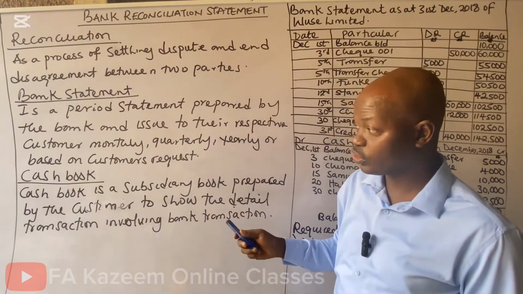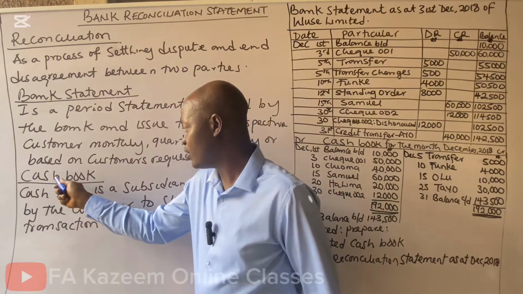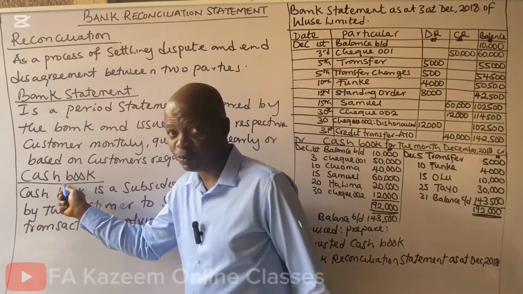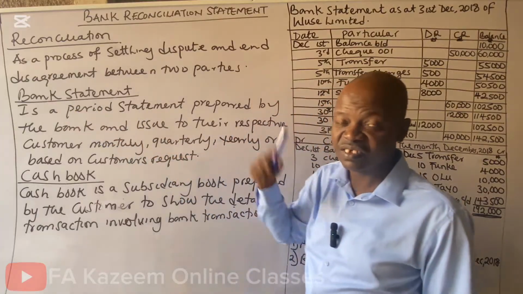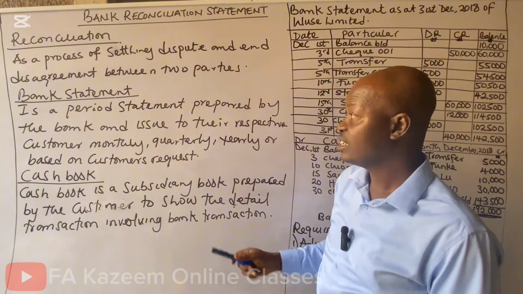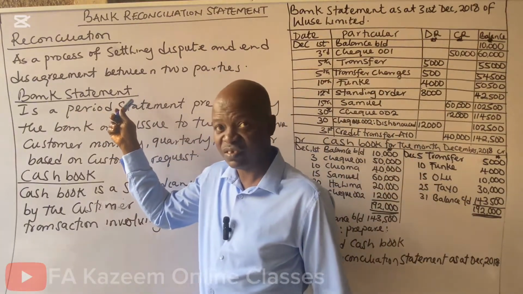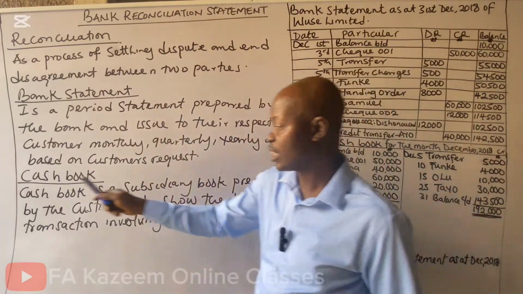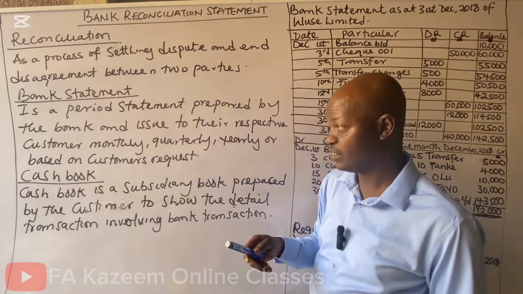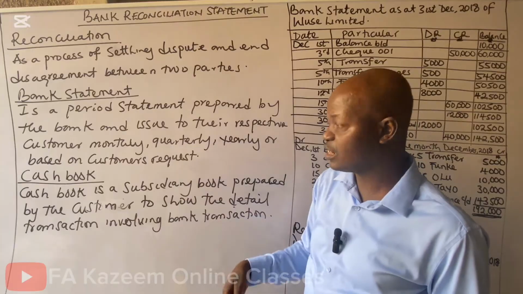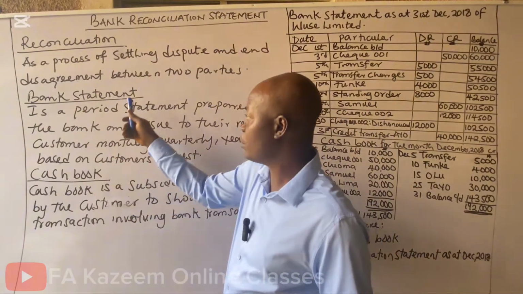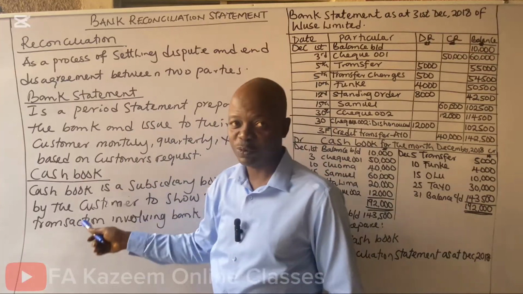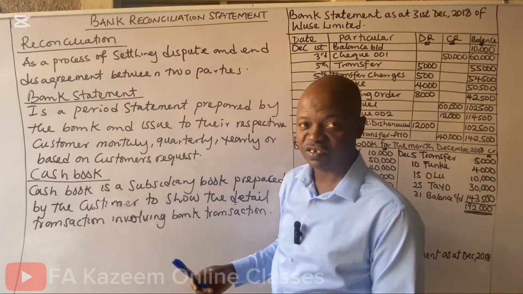And where there's an omission, either on the part of the customer who prepared the cash book or on the part of the bank who prepared the bank statement, the result is that the bank statement closing balance will not be equal to the cash book closing balance. Where there is disagreement between the bank statement and the cash book, there's need for reconciliation.